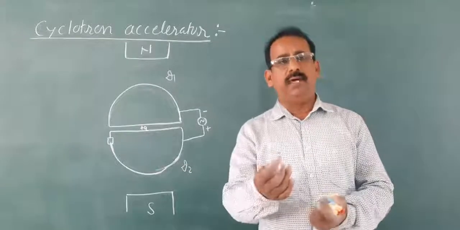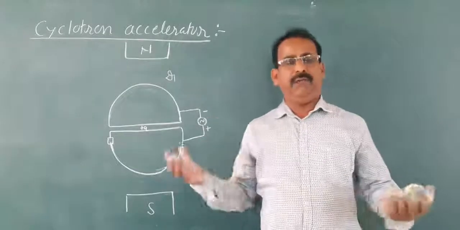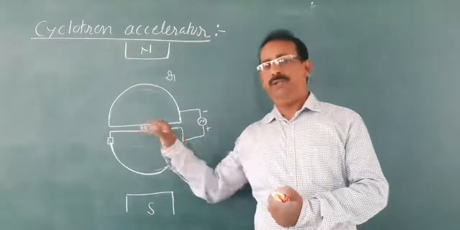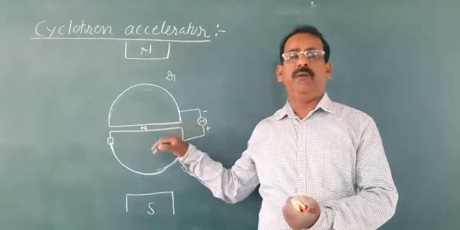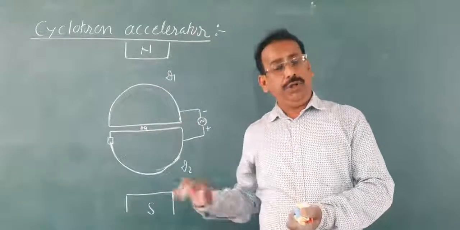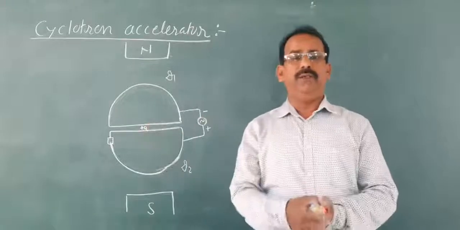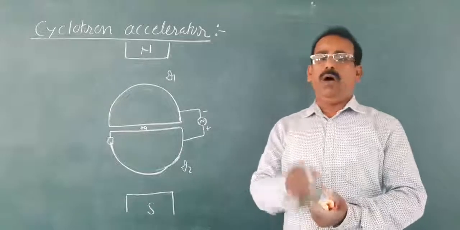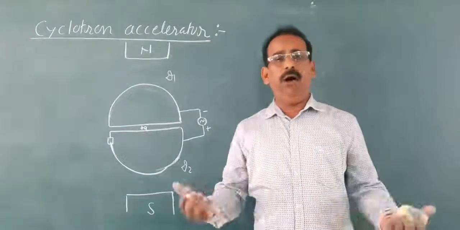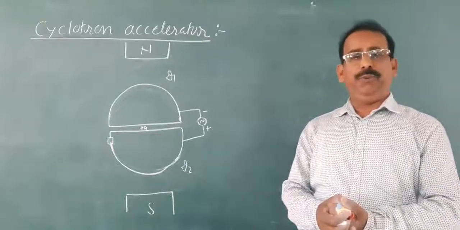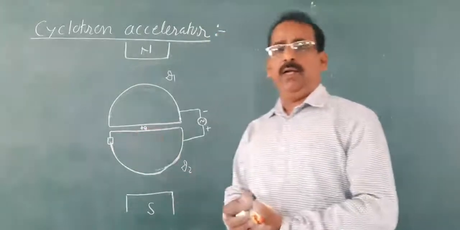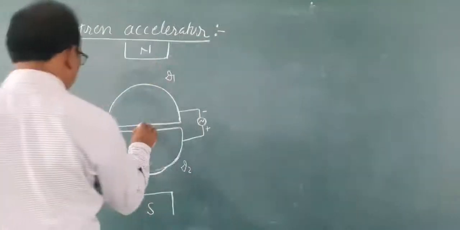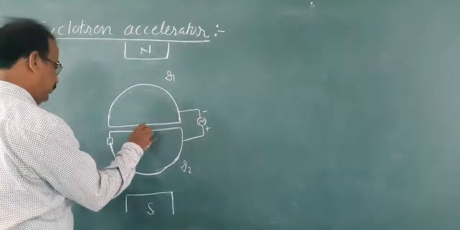Means D2 comes at positive polarity, D1 comes at negative polarity. Electric field is there in between these two Ds, whose direction is from D2 to D1. In this electric field, this positive ion is present. Therefore, on this positive ion, a force will act. And due to this force, this positive ion will enter in D1. It will move towards this D1.